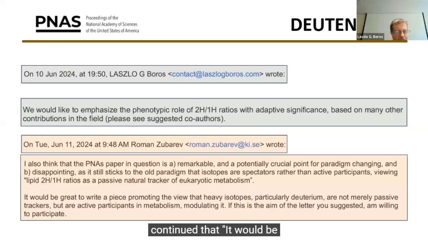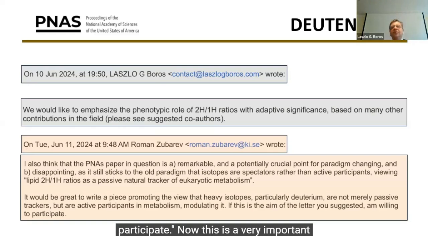And he continued that it would be great to write a piece promoting the view that heavy isotopes, particularly deuterium, are not merely passive trackers, but are active participants in metabolism, modulating it. "If this is the aim of the letter you suggested, I'm willing to participate."